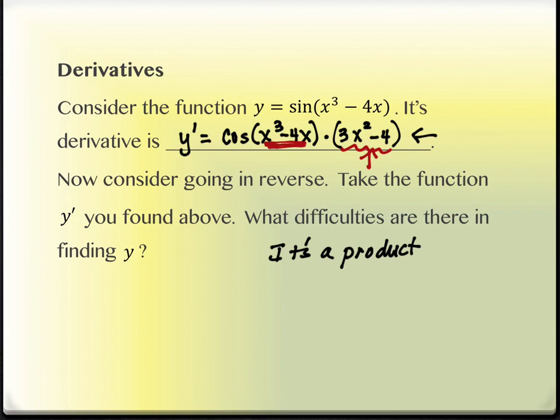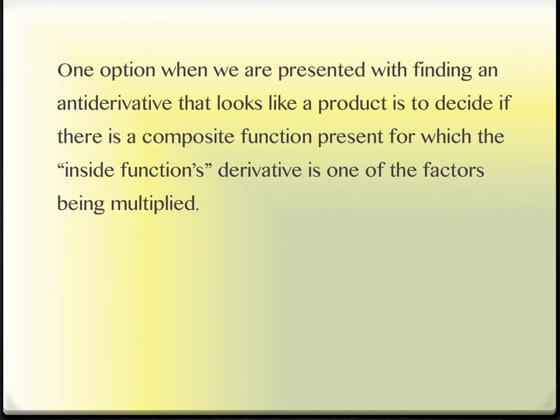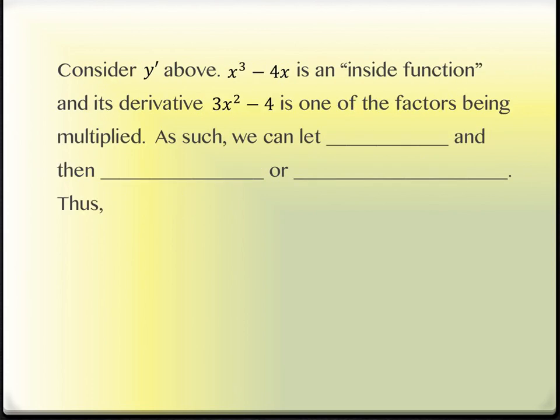That's the description on the next slide. So if and when that's the case, we can consider y prime above: the x cubed minus 4x is an inside function of a composite function. Its derivative, 3x squared minus 4, is one of the factors being multiplied.